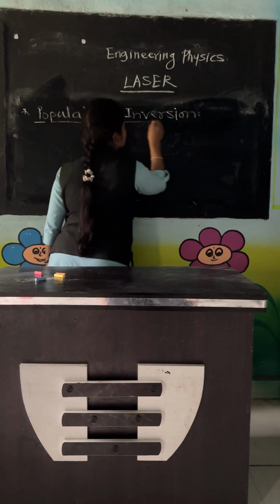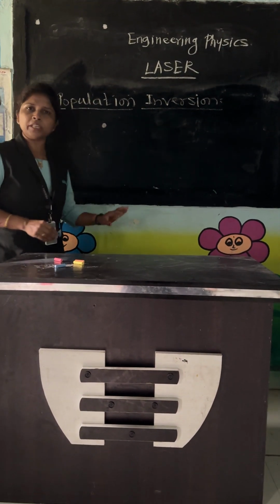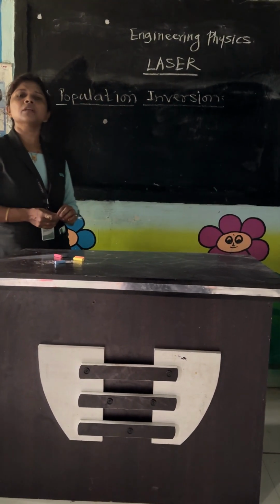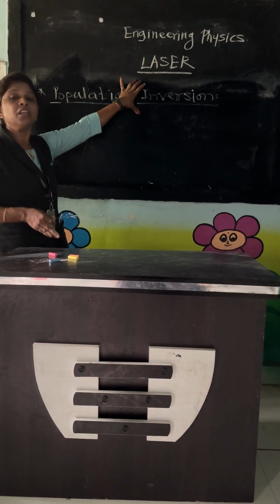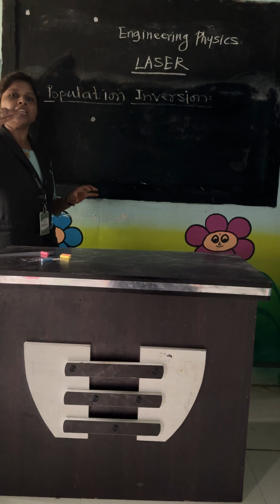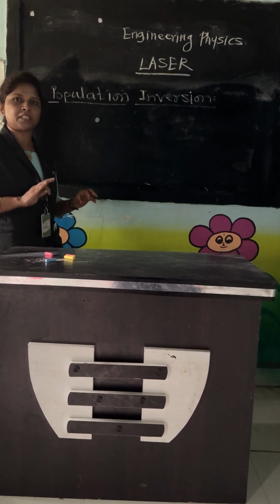These are all the basic terms regarding the laser. So let's see them one by one. And now the term is population inversion. Population inversion, as its name suggests, is the process of raising atoms in a large number in higher energy state than the lower energy state.